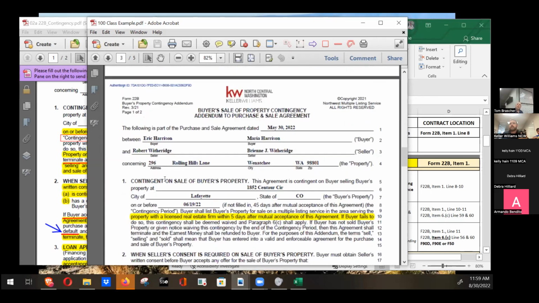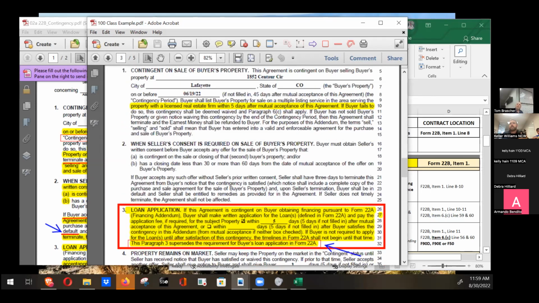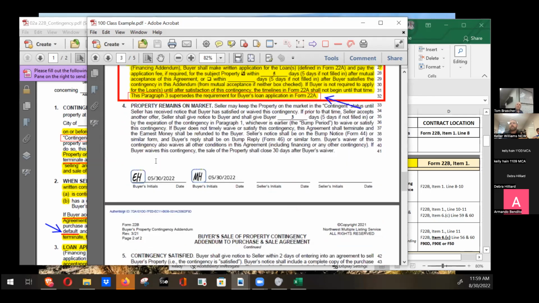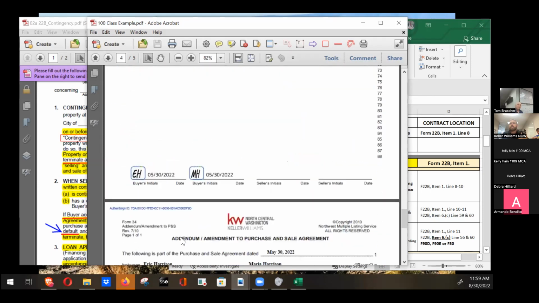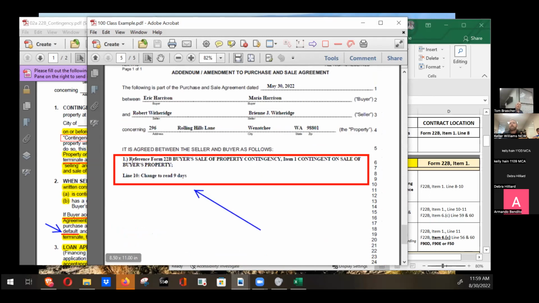But the reason I thought it was interesting what Ashley did is that she wrote this addendum in her offer: Reference Form 22B, buyer's sale of property, contingency item 1, contingent sale of buyer's property, line 10, changed to read 9 days. Interesting.